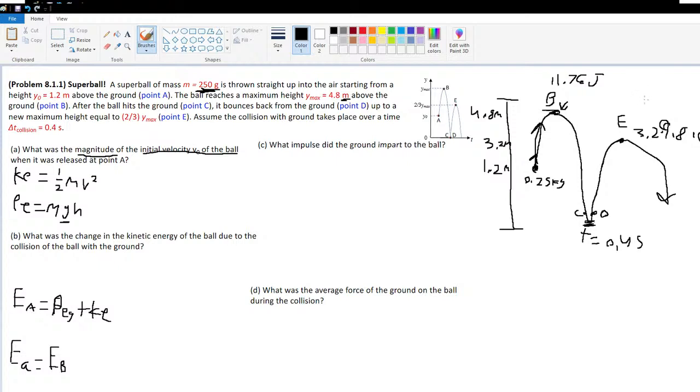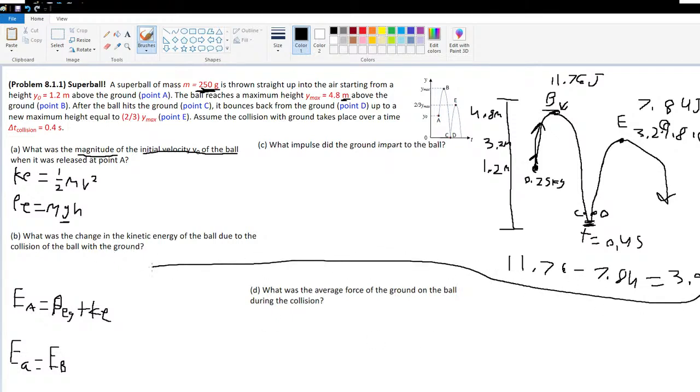Say that at point E, it has 7.84 joules, and then all you do is just 11.76 minus 7.84, which is 3.92 joules of energy. So we can say that that is how much energy it lost, because that's the difference in energy before the collision and after the collision. That makes sense? Take that as a yes.